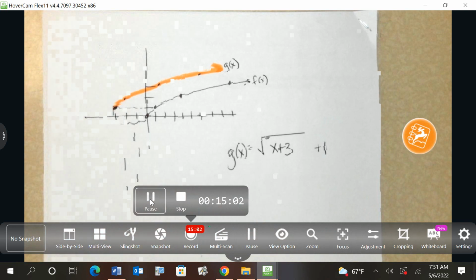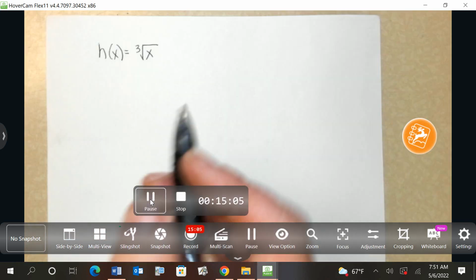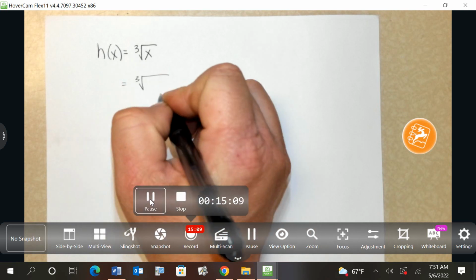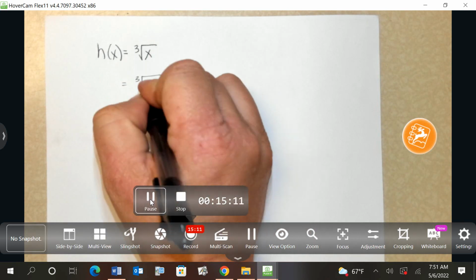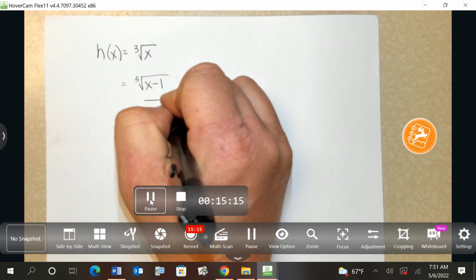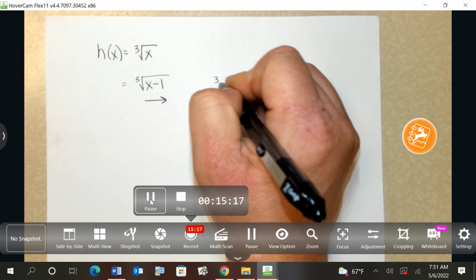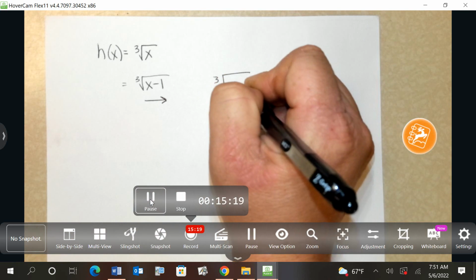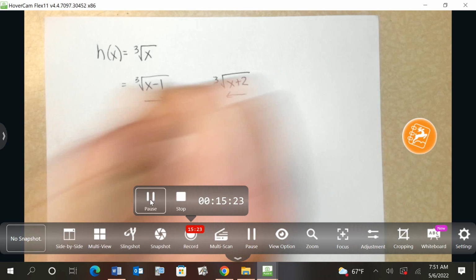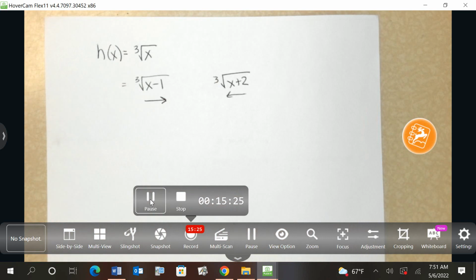Okay, let's talk about other transformations. So this is the basic parent function. If I wanted to show that this function is moving to the right 1, it lies just on the inside. So this would actually be to the right 1 unit. If I wanted to show it goes to the left 2 units, it lies just on the inside. So those are horizontal shifts.